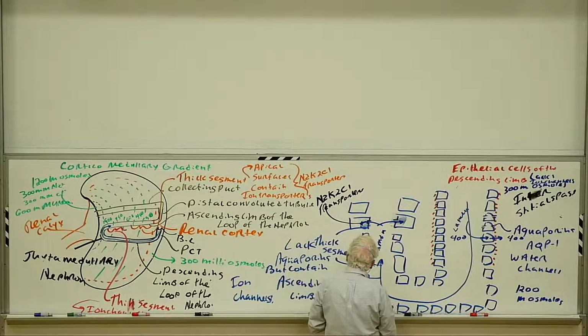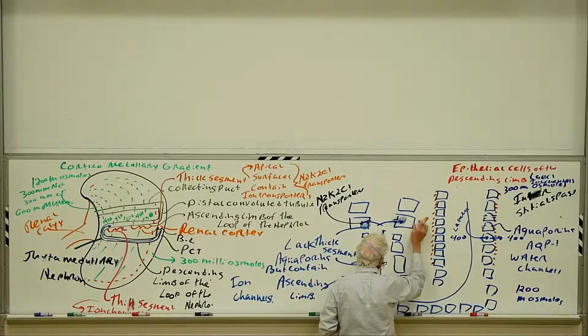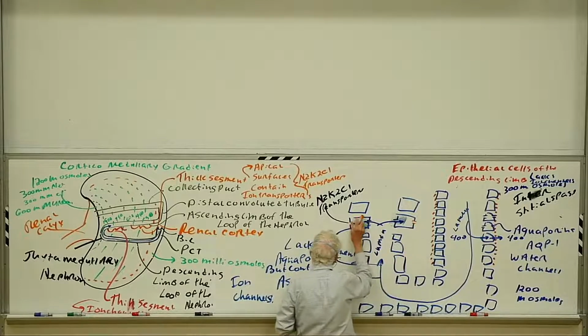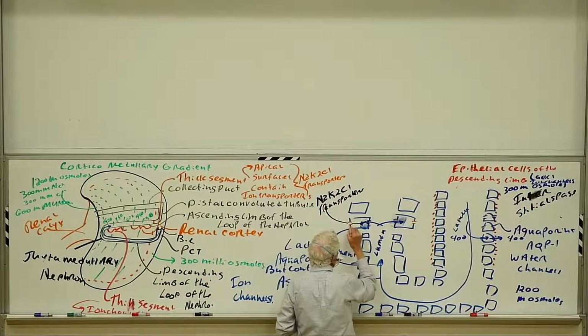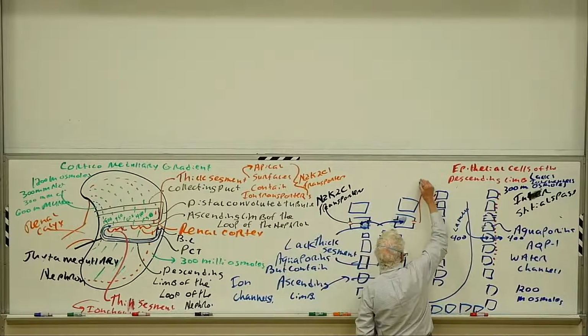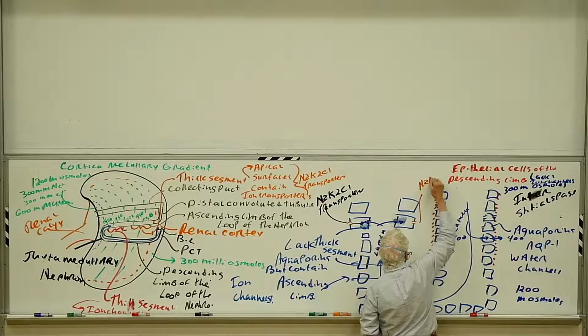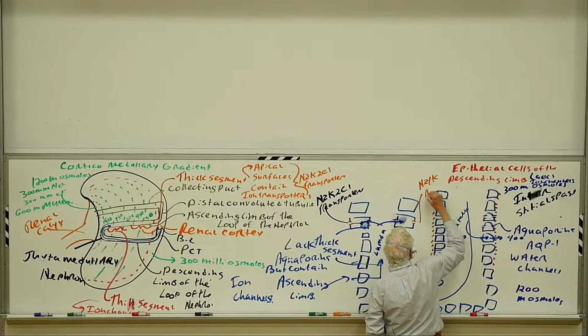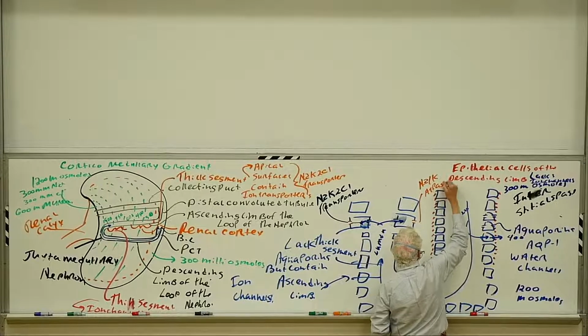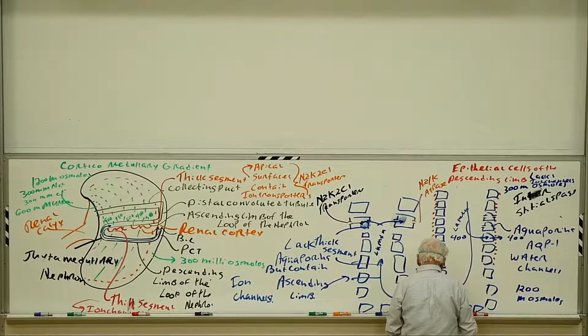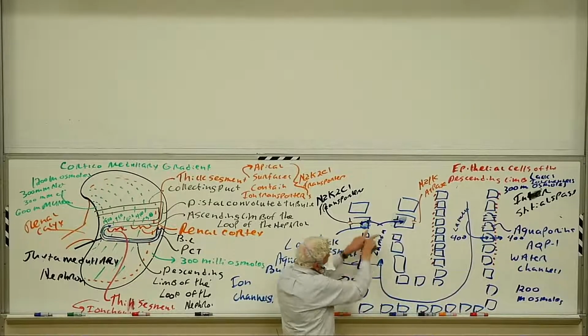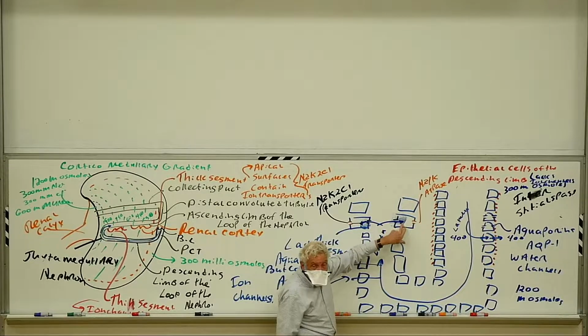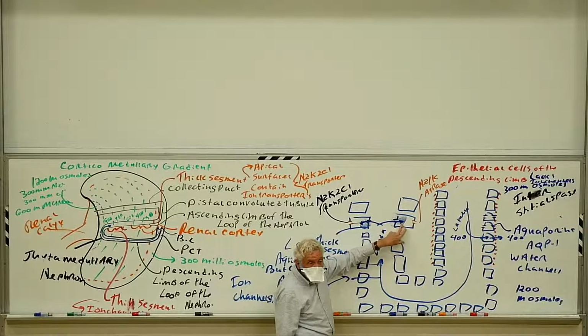And then on the basilar surfaces of these epithelial cells is going to be the sodium potassium ATPase. Because these transporters are pretty efficient, they're going to fill these cells with sodium, potassium, and chloride. They're like little buckets, and so they're going to get filled.